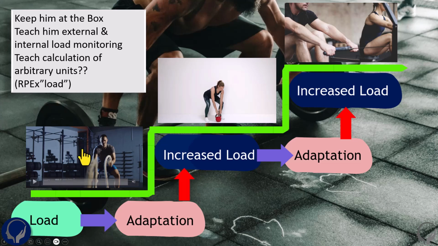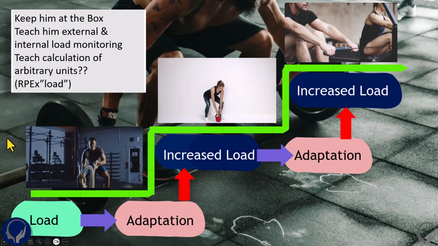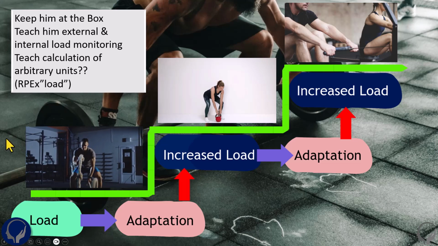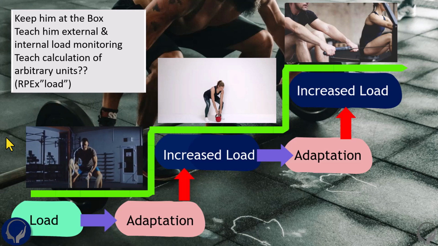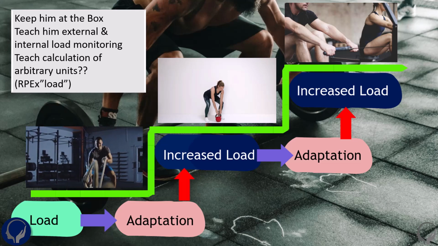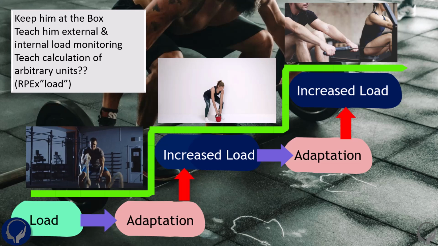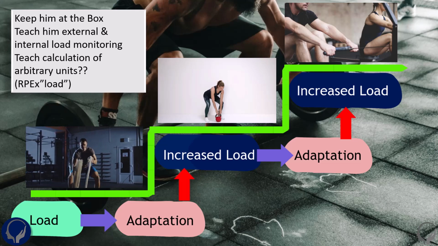So the first thing that I'm going to do is have him do battle ropes. Let me talk through the different variables here. The frequency, I'm not going to change at all. Frequency is going to stay consistent at 5 days per week. What I'm manipulating are the range of motion of his hip and also load.